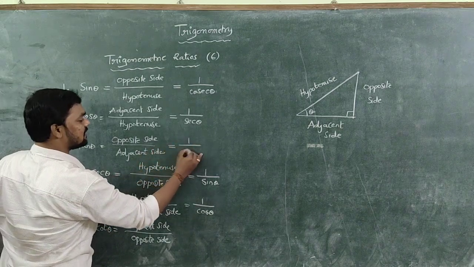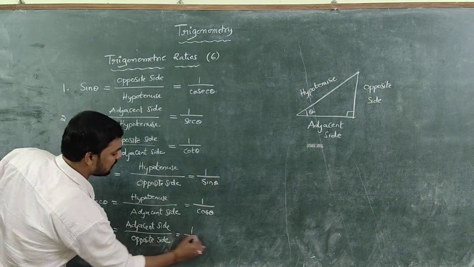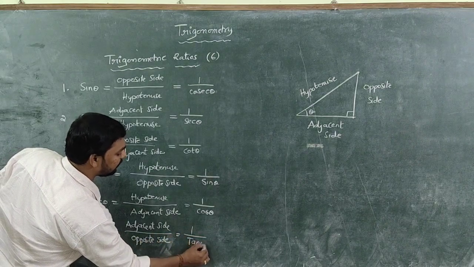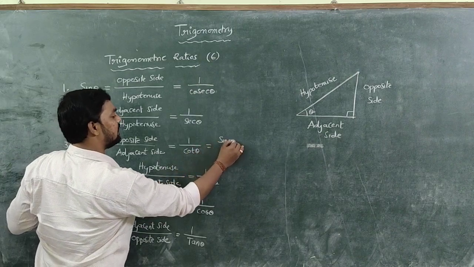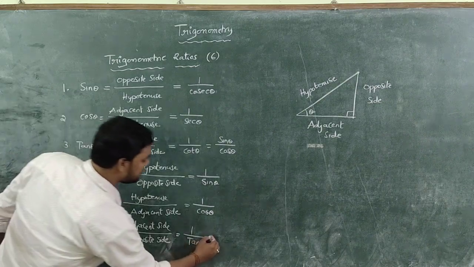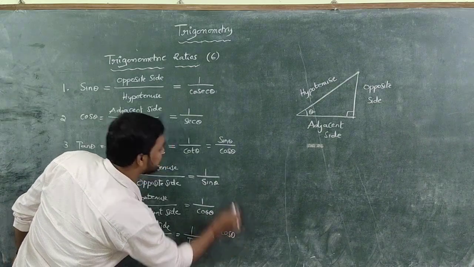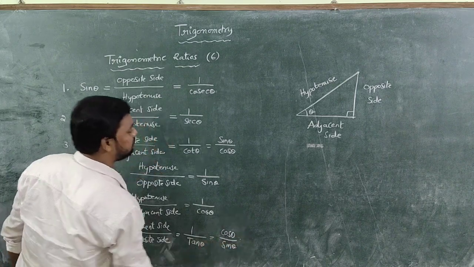So tan theta is written as 1 by cot theta and cot theta is written as 1 by tan theta. Also tan theta is equals to sin theta by cos theta and cot theta, its reciprocal, is cos theta by sin theta.